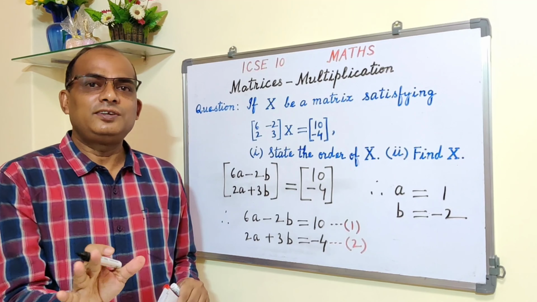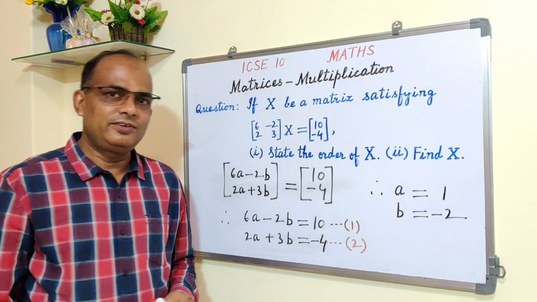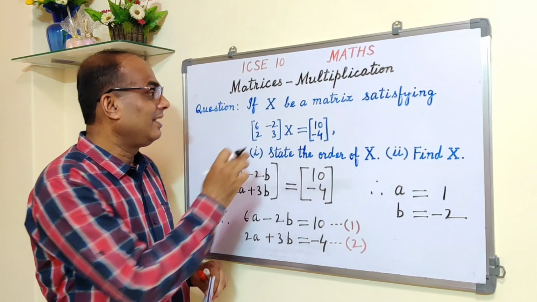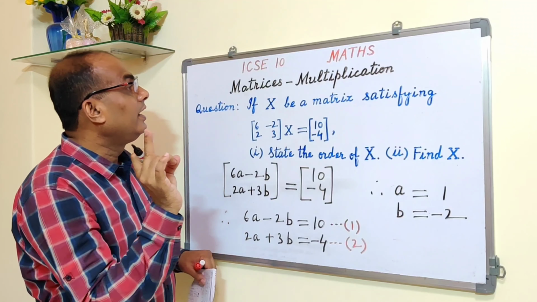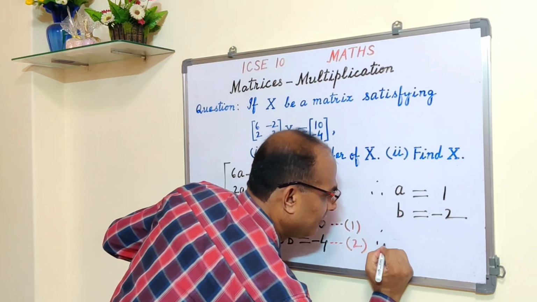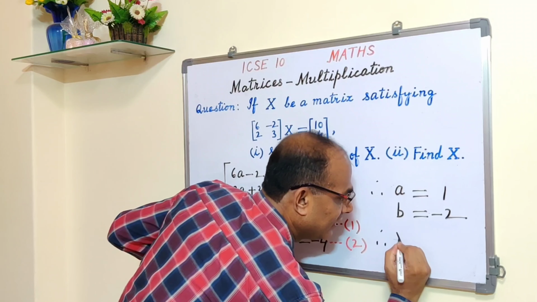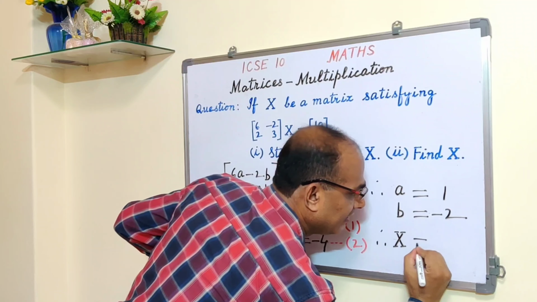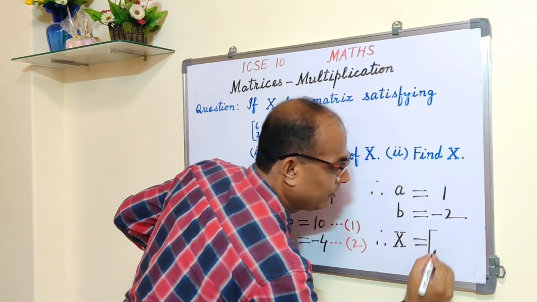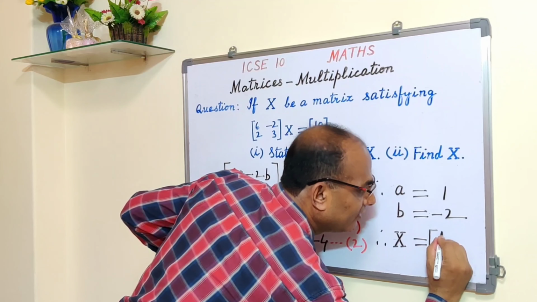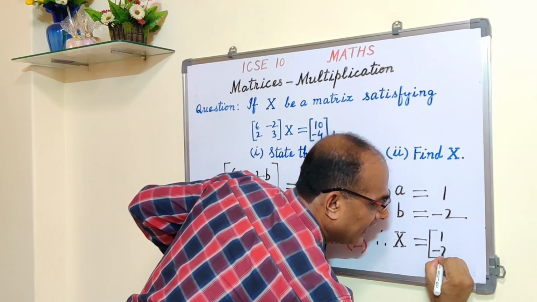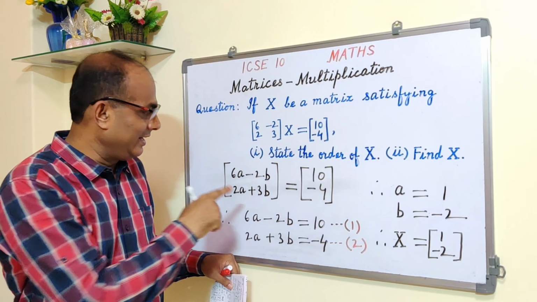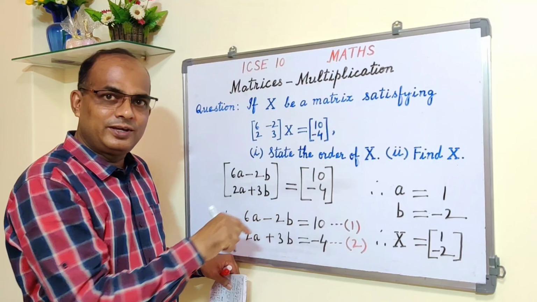Okay, now some of the students leave till here, a is equal to 1 and b is equal to minus 2. No, don't leave till here, because our question is, what is x? X is AB, because in the beginning I wrote let x is equal to AB.